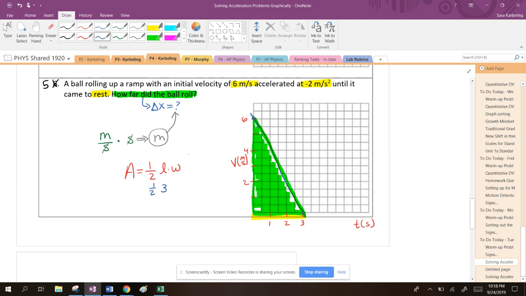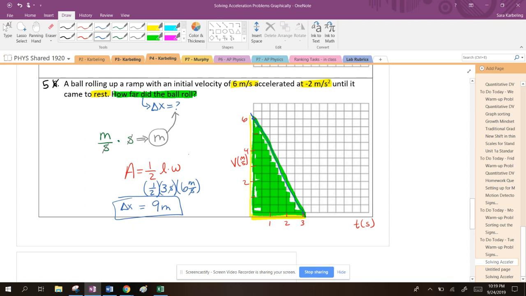So we've got 1/2 of 3 seconds times our height of 6 meters per second. Sorry about that. And we can go ahead and do that easy math here. 1/2 of 6 is just 3. So it looks like it's going to be 9. The units, again, the seconds are going to cancel out, and we've got 9 meters, and that is our displacement.